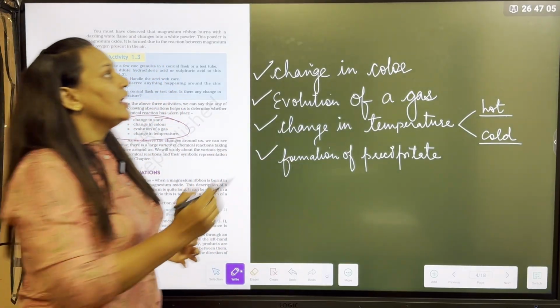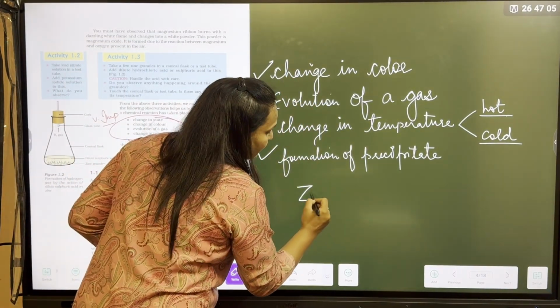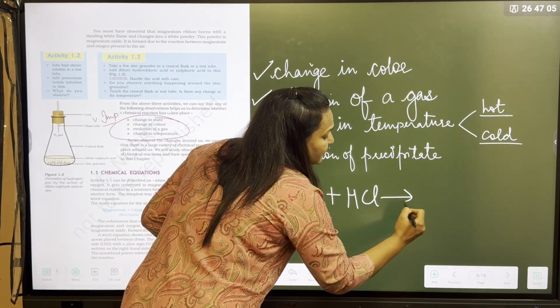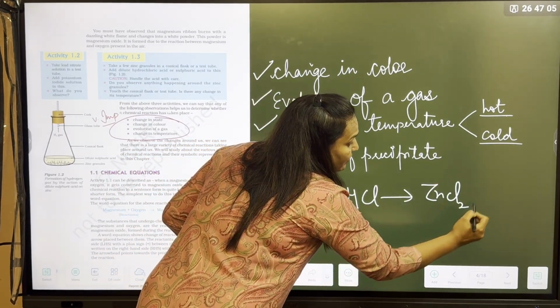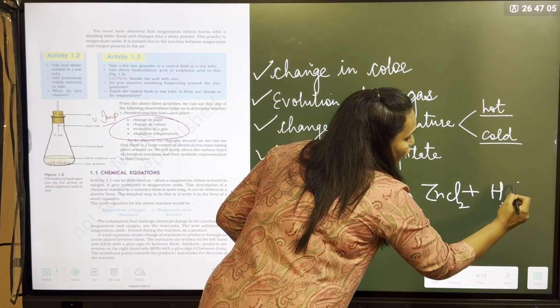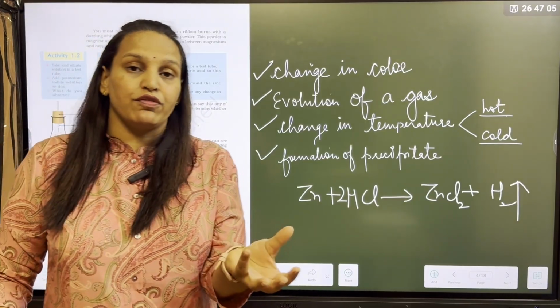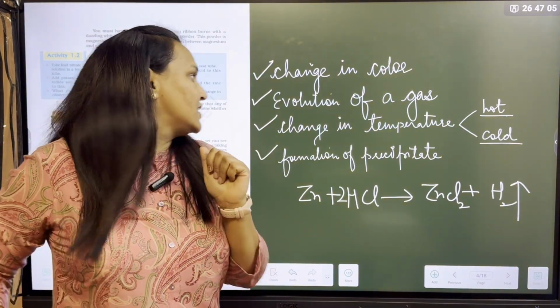For example, if we add zinc granules in hydrochloric acid, you will see bubbles. Bubbles represent the effervescence of hydrogen. So this is one observation which we look for, and we say a chemical reaction is taking place.